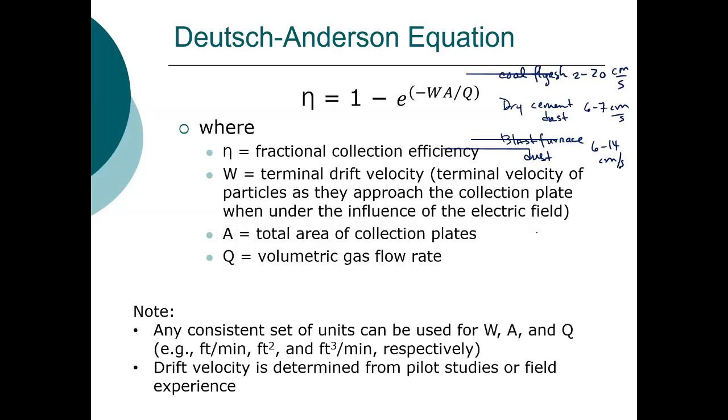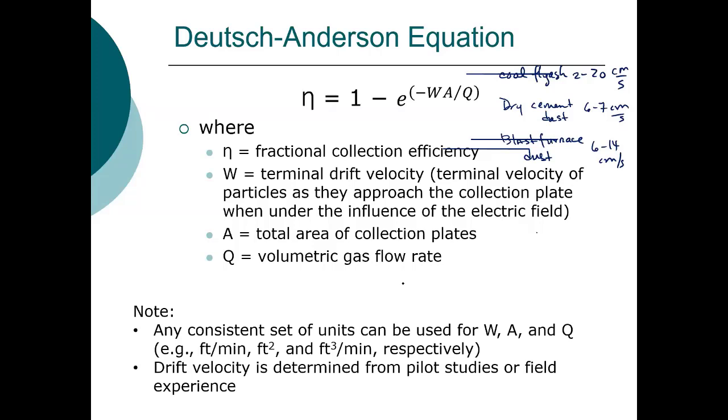And you can use any set of units in this equation as long as your units are consistent. So you're going to use feet per minute for the drift velocity, feet squared for the area of the collection plate, and feet cubed per minute for the volumetric flow.